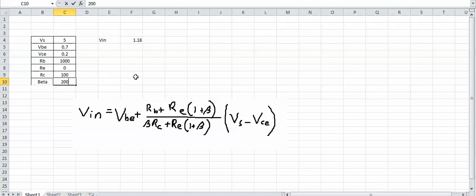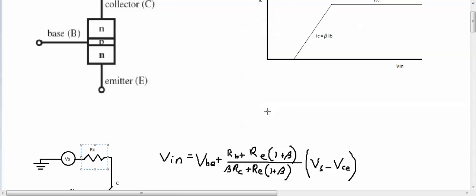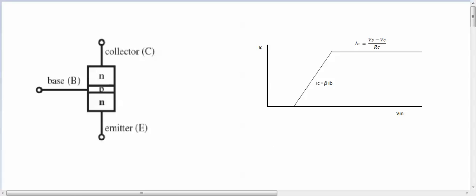Beta, increasing it will decrease it, mostly because we will get a much steeper slope if we increase beta, and if we decrease it, you'll get a not as steep slope, which will increase the voltage in required to saturate our transistor.